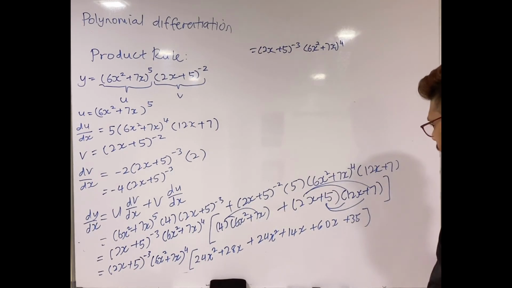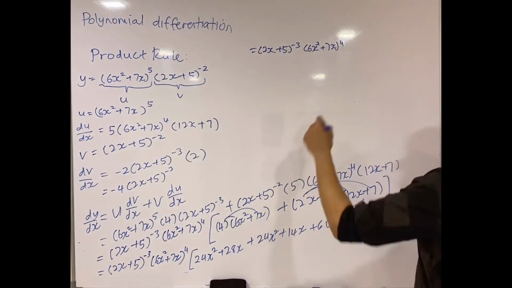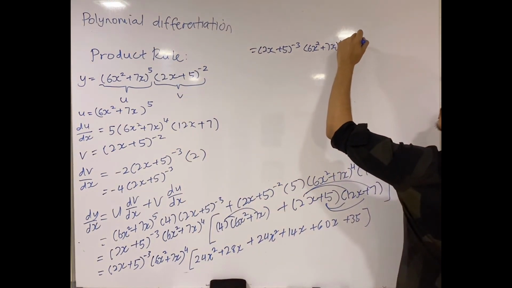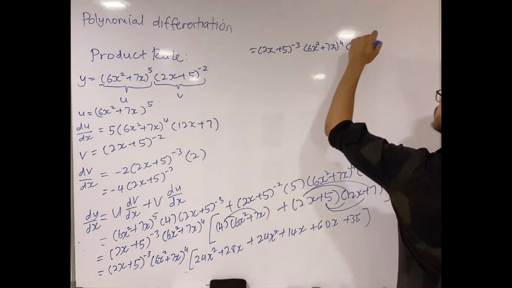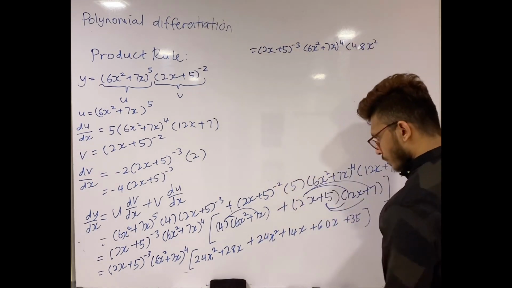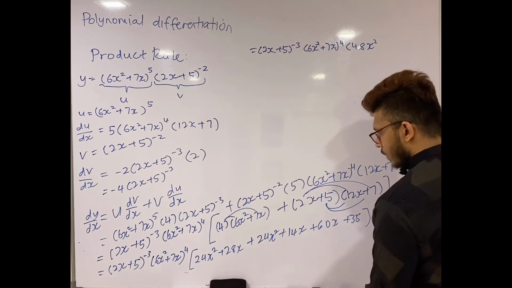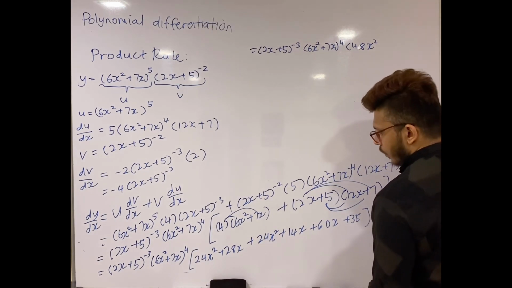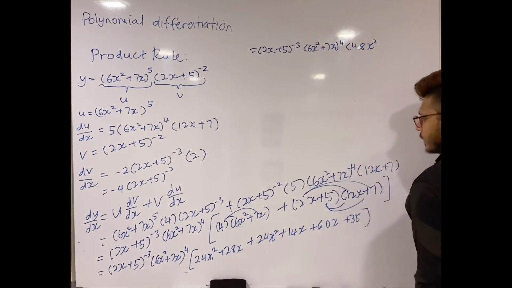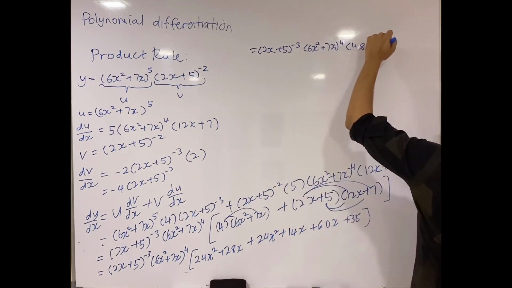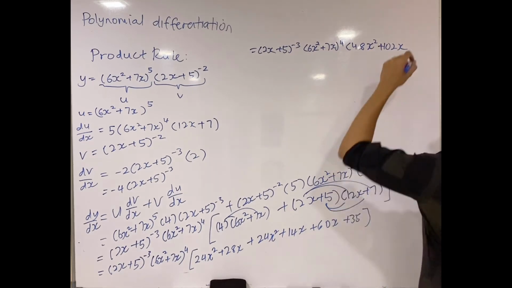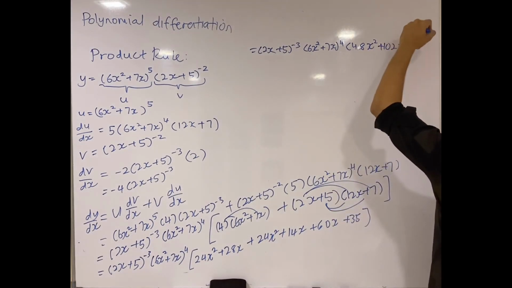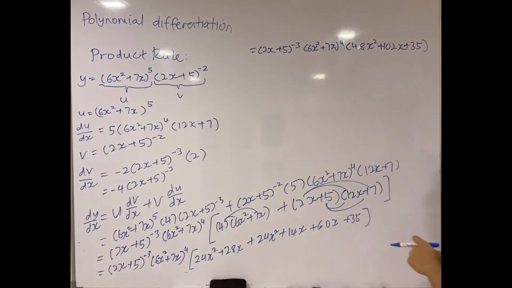What will happen inside? 24 plus 24 is going to be 48, 48x squared. 28 plus 14 is going to be 42. 42 plus 60 is going to be 102. And finally the number 35. So it's pretty much simplified. This is your final answer.